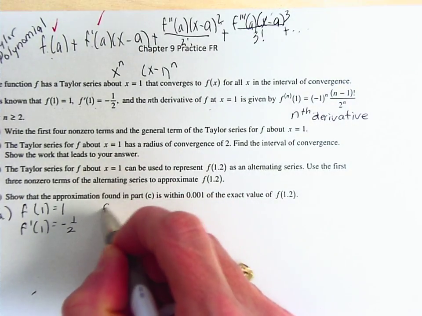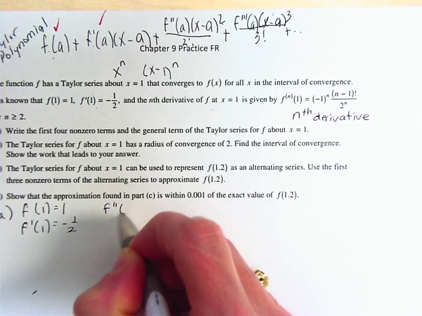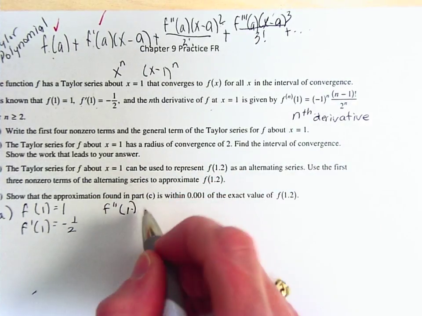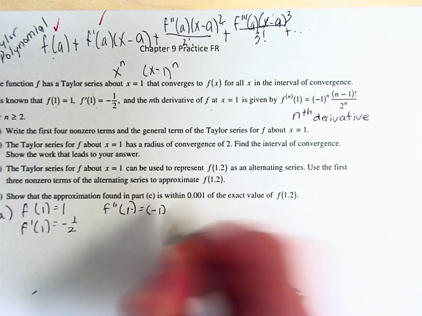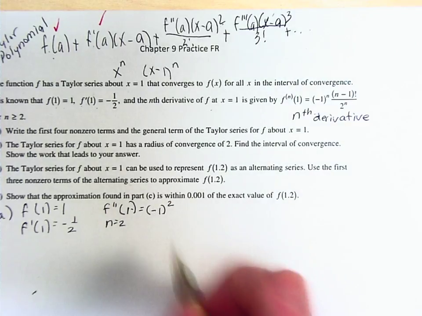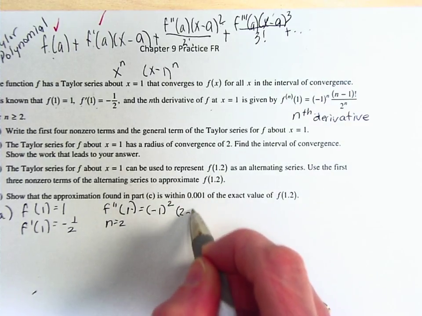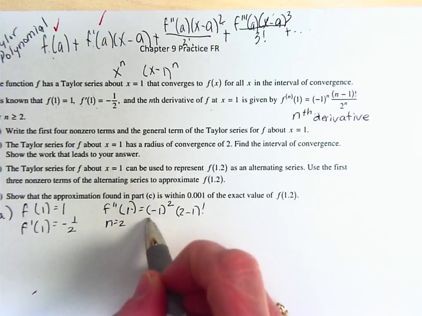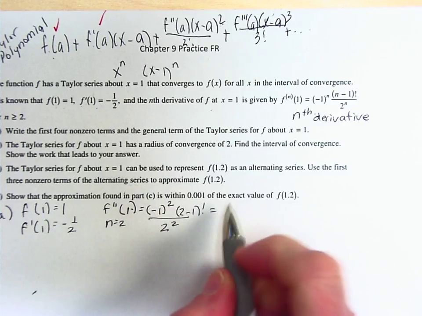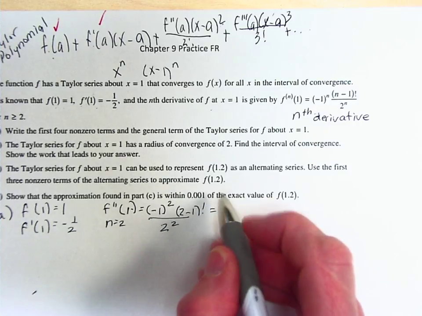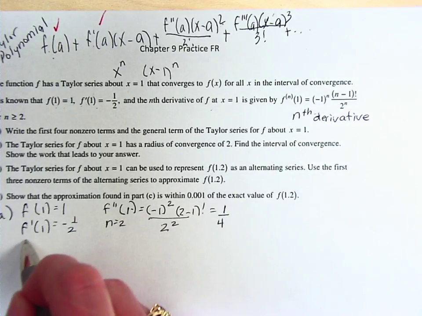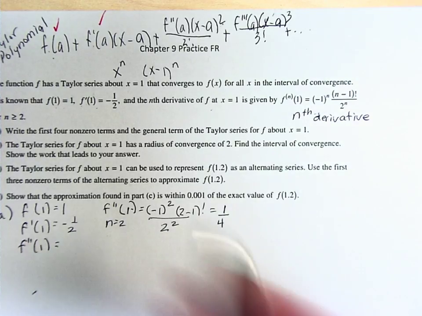We're going to do f double prime of 1 using this equation: minus 1, and since this is the second power, that means n is 2, so that's squared, and we're going to say 2 minus 1 factorial all over 2 to the second power. So this becomes 1, this becomes 1, so I have 1 over 2 squared is 4. So now I know f double prime of 1 equals 1/4.